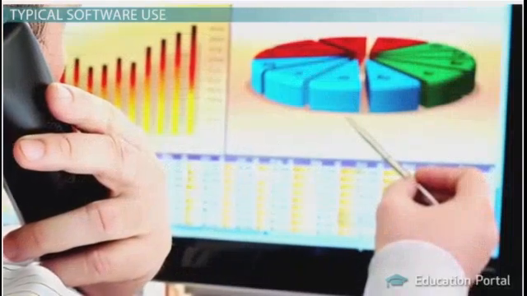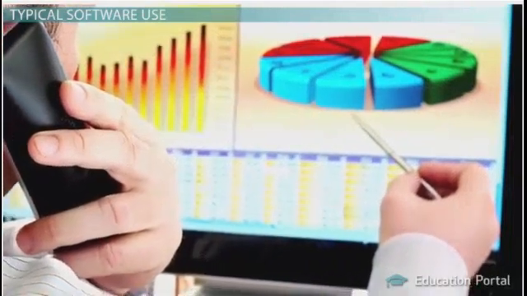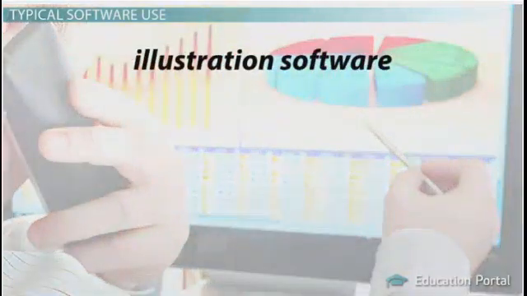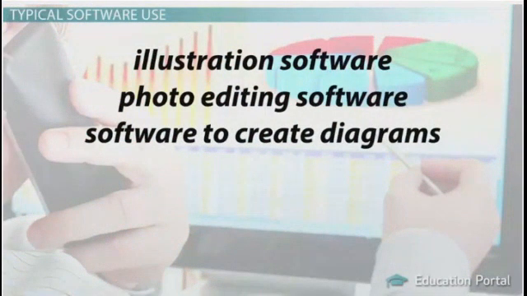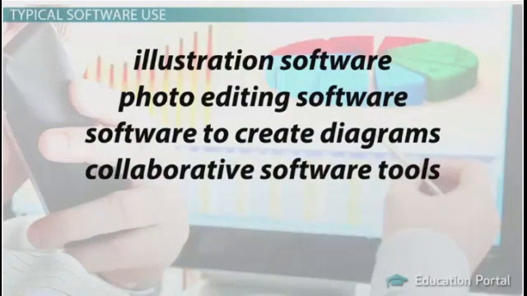Many other software applications can be bundled into an office suite, for example, illustration software, photo editing software, software to create diagrams, collaborative software tools, and several others. However, these are less common, and whether they are included or not depends on the type of office suite.